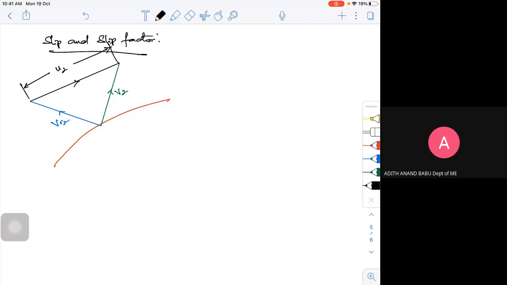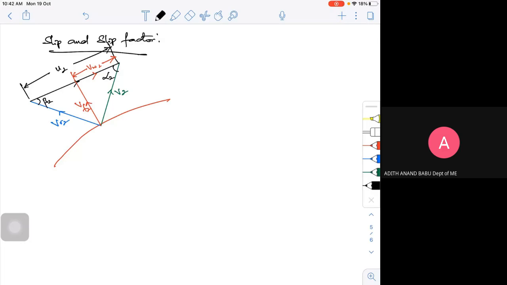I have my VF2 like this, and this is my VW2. Those are the components, and this is my beta 2. This is my alpha 2. This is how the velocity triangle looks.